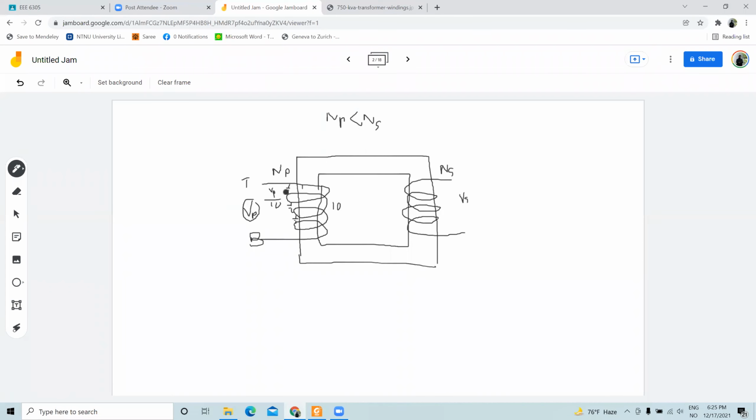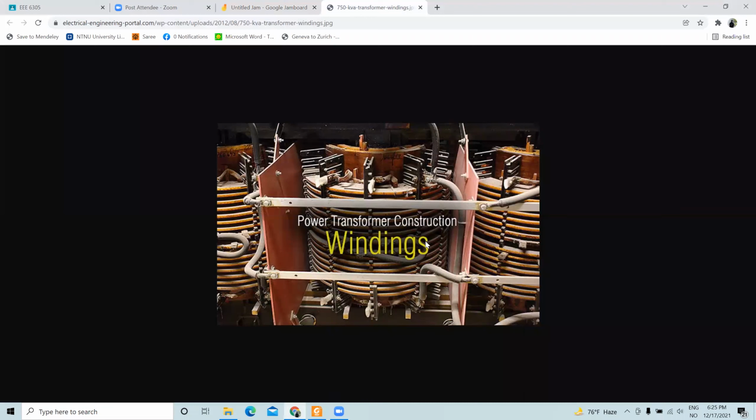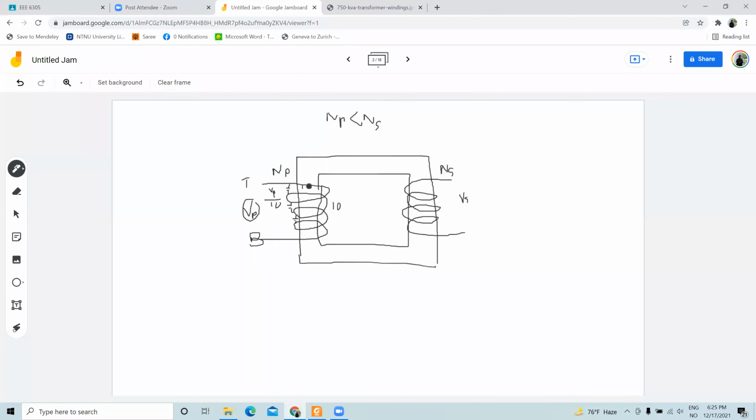As you have 10 windings, each one will have VP by 10 voltage, and you add all of these together, and from top to bottom you will have VP voltage in the normal operating condition. So in the normal condition, the voltage across each of these windings is VP divided by 10.